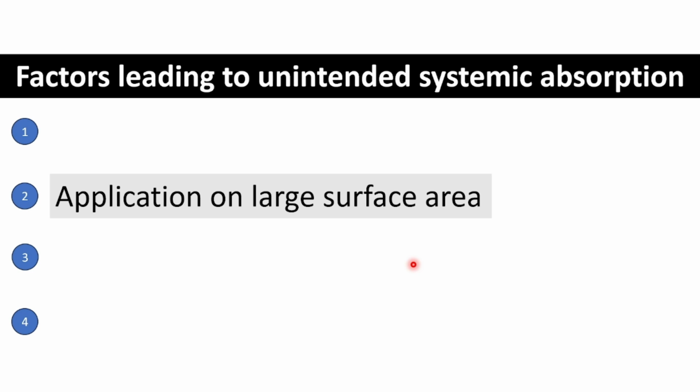The first is application of a drug on a very large surface area. If you apply a drug extensively throughout the body, one increases the chances of systemic absorption.